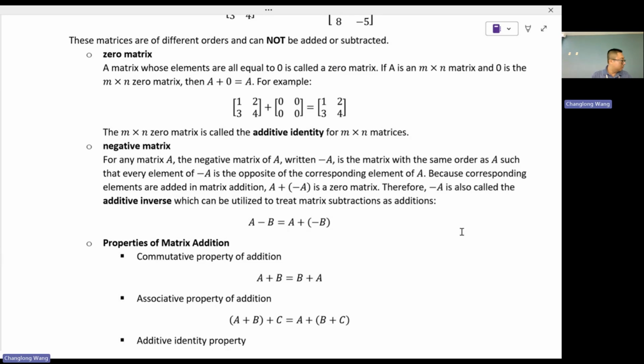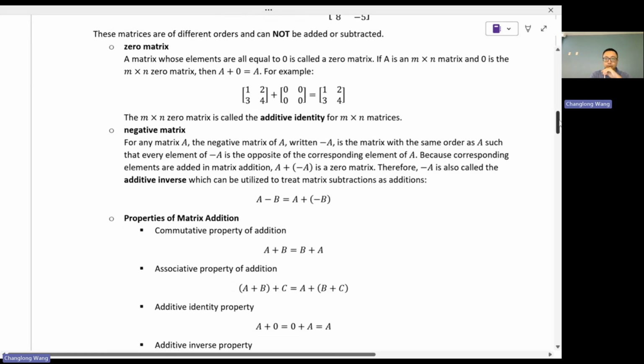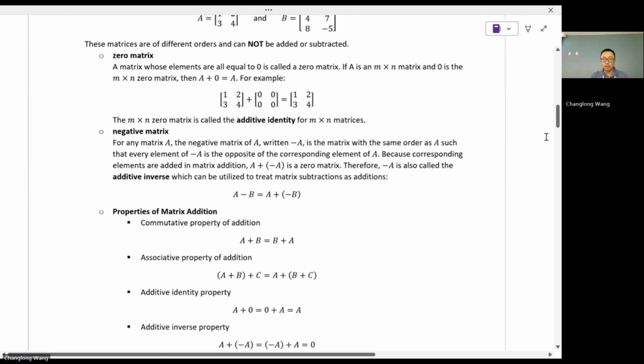All right, let's get started. As you can see, we will introduce a few more concepts for matrices, but I hope you will appreciate how similar those terminologies, or even their meanings, are compared to the actual numbers.